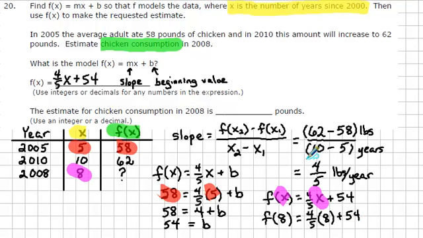And then you can use a calculator to help you evaluate the right hand side. If you multiply 4/5 by 8 and add 54, it comes out to be 60.4. So what that indicates is that the chicken consumption in 2008, we will estimate it to be 60.4 pounds.